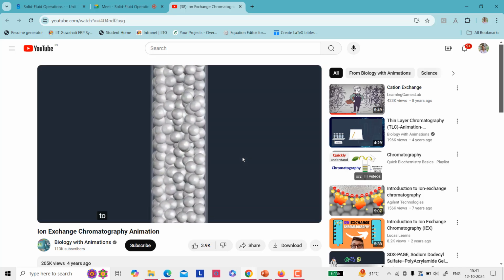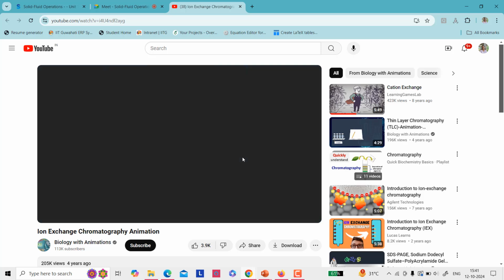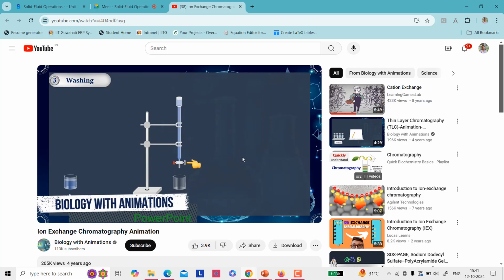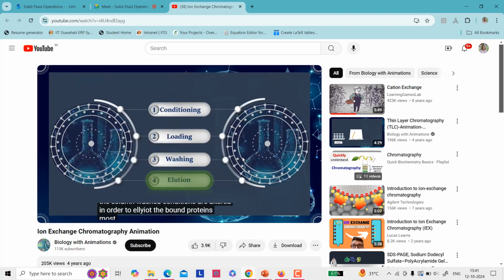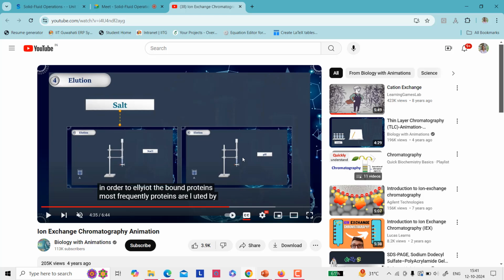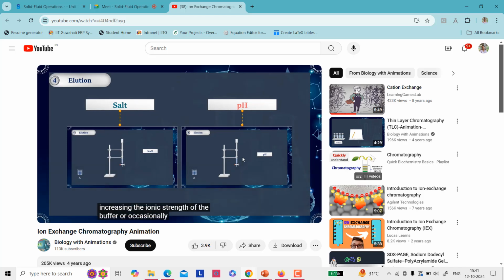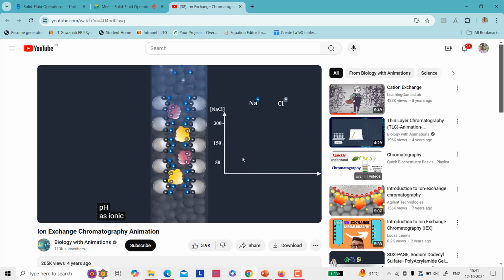When all the sample has been loaded and the column washed, conditions are altered in order to eliminate the bound proteins, most frequently by increasing the ionic strength of the buffer or occasionally by changing the pH. As ionic strength increases, the salt ions compete with the bound components for charges on the surface of the media, and one or more of the bound species begin to elute and move down the column.